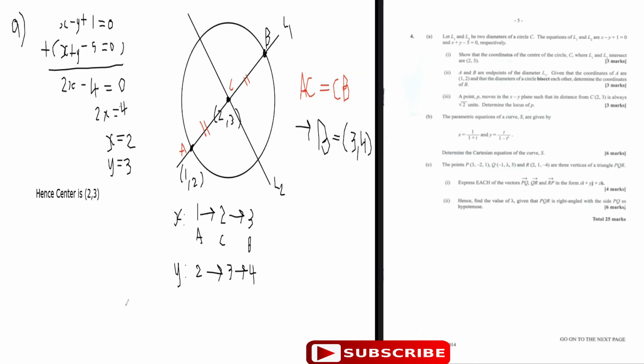I want to put a better sketch right here, and let me not use a circle yet. Let's say this is the center. This is C. C is the point 2, 3.